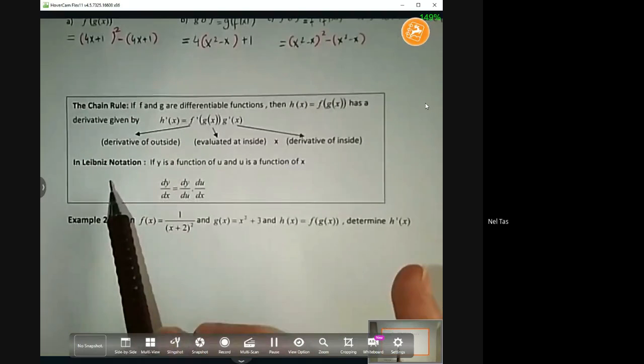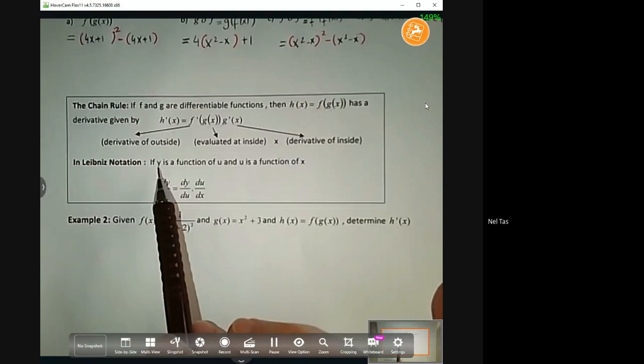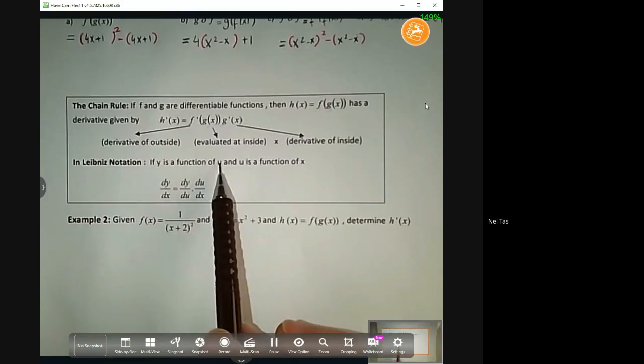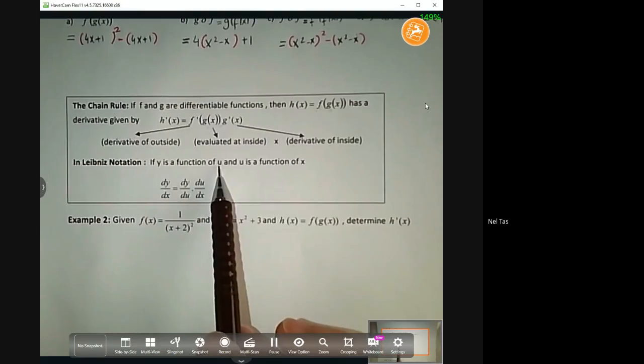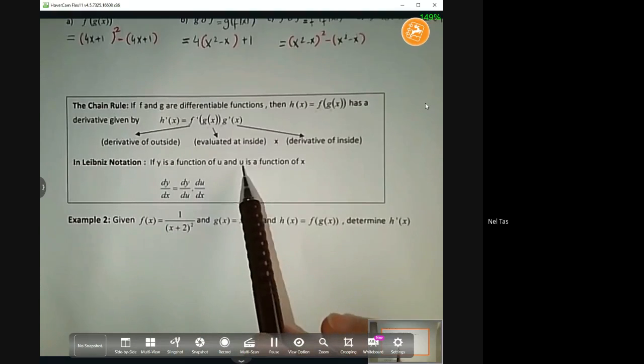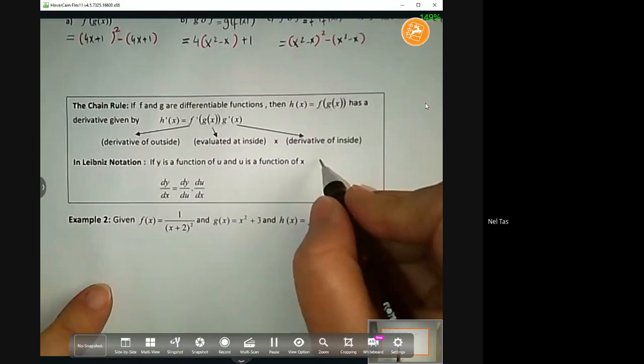This can be represented with the Leibniz notation. Let's say you have a function y, and y is a function of u, so the variable for function y is u, and u is a function of x. What do we mean by that?